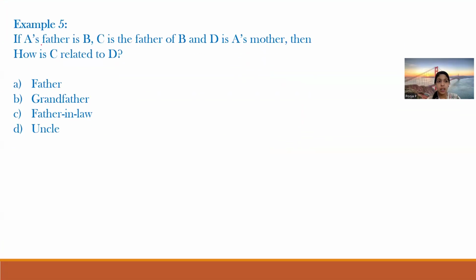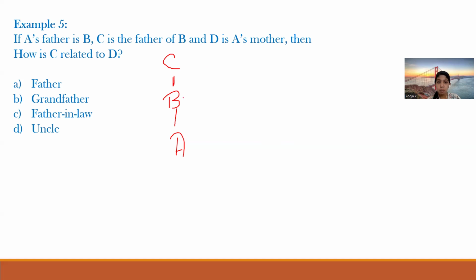So if A's father is B, C is the father of B and D is A's mother. Okay. A has a father who is B and B has a father who is C. So C is the father of B. And D is A's mother.